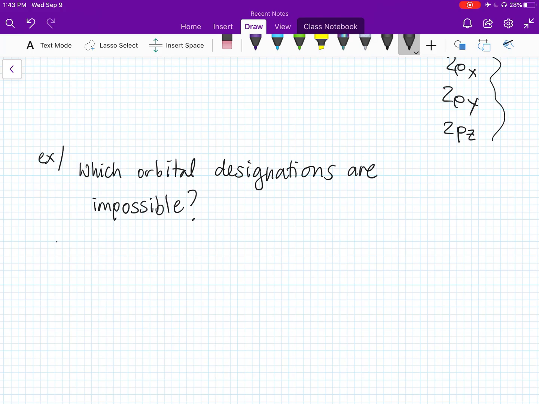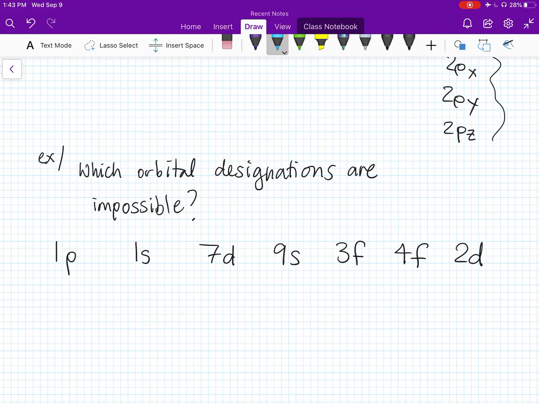I'm going to give you a list: 1p, 1s, 7d, 9s, 3f, 4f, 2d. These are just random. You have to unpack each of these orbital designations and see which ones have a lie built into them.